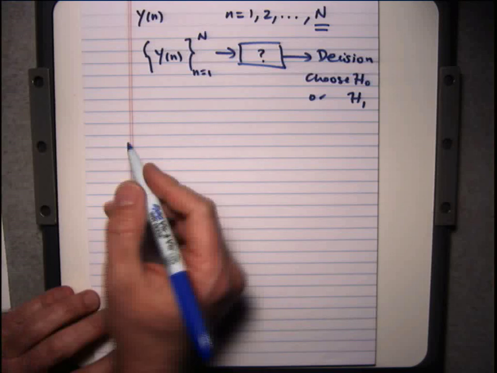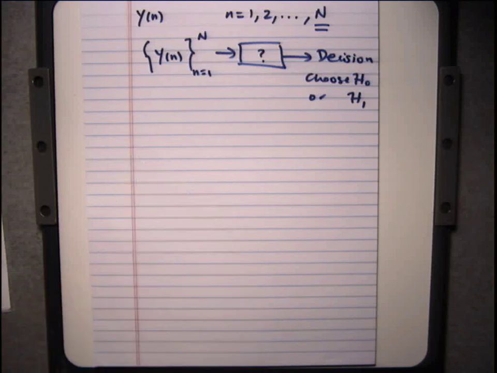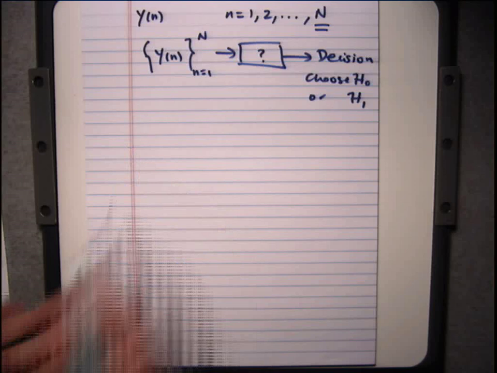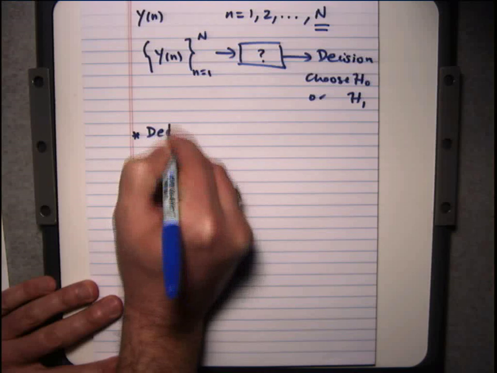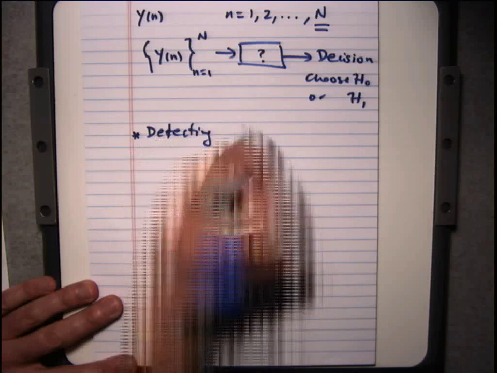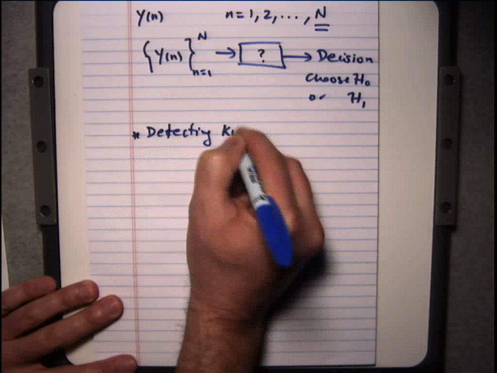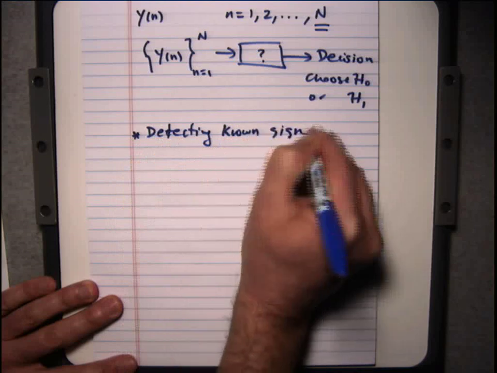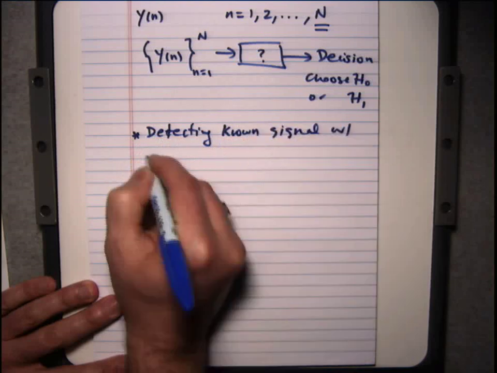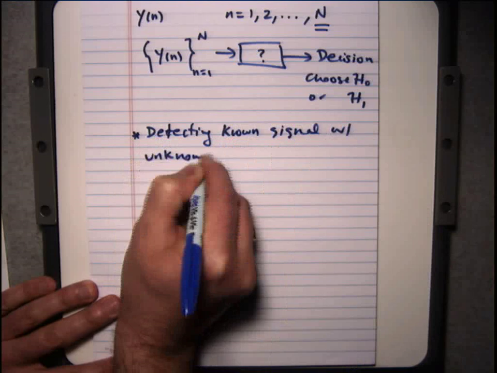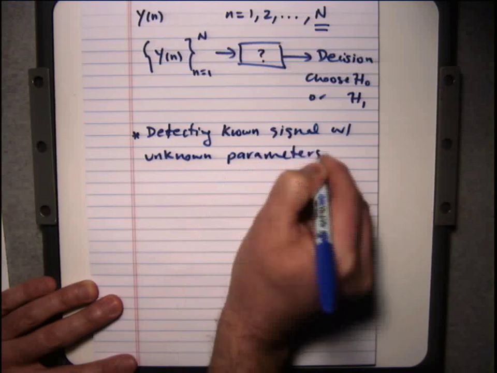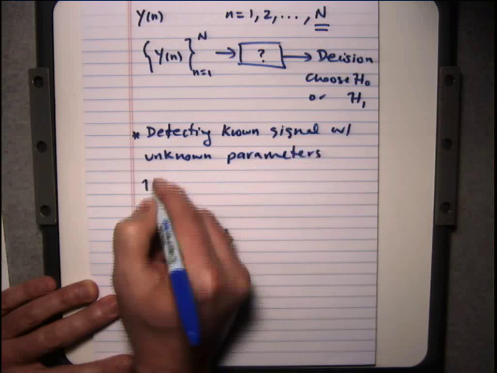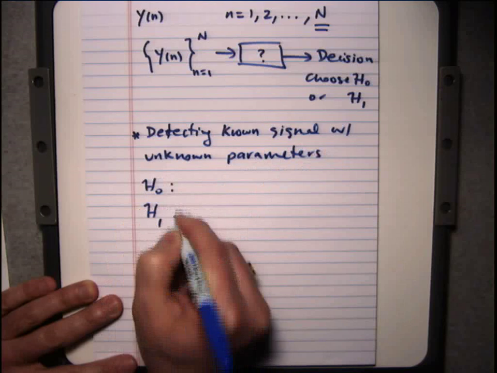Let me go to the next step of this hierarchy, which is the problem of detecting a known signal with unknown parameters. So let's say I have two hypotheses again, H0 and H1.